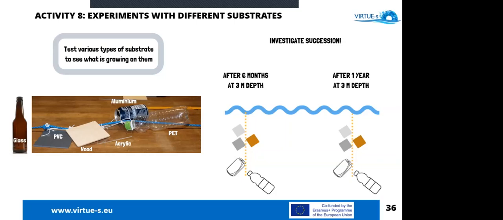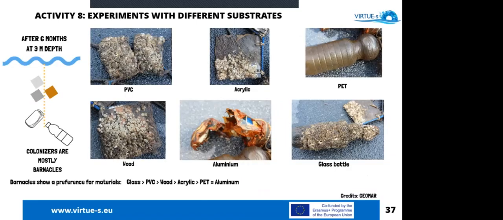So let's take a look at some pictures of the items taken out of the water after 6 months. Here we recognize the PVC, the acrylic, the plastic bottle, the glass bottle, the aluminum can, and the wood. Colonizers were mostly barnacles, and they showed a preference for certain materials.